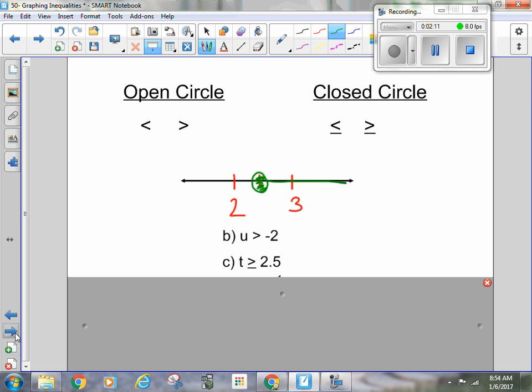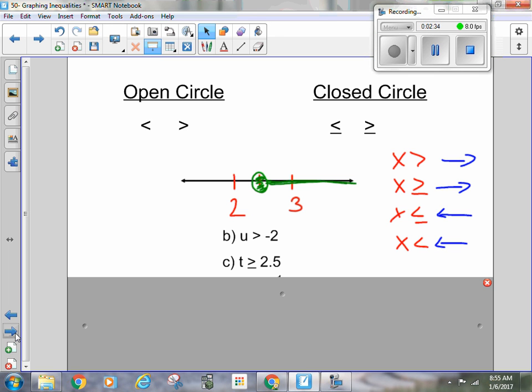They're to the right. So the thing that you want to keep in mind is if my variable is on my left-hand side of my inequality symbol, such as in all of these, I can actually shade the direction that the arrow points. So I'm going to shade to the right if it's a greater than, and I'm going to shade to the left if it's a less than.